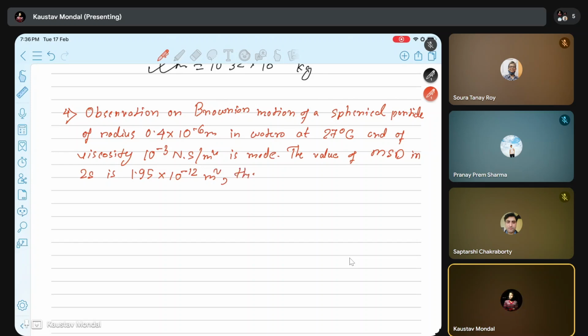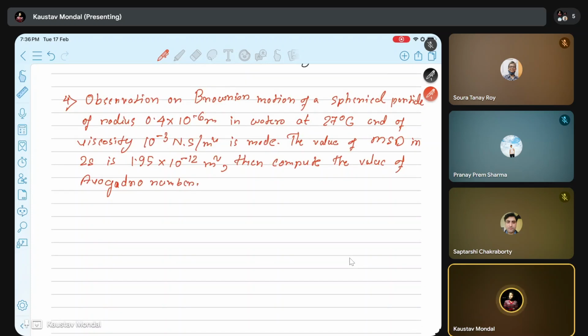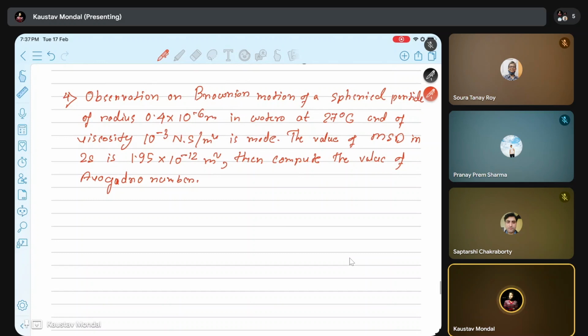Then compute the value of the Avogadro number. So this is basically what Perrin did. All this data he calculated experimentally, and using the fluctuation dissipation relation, he calculated the Avogadro number.